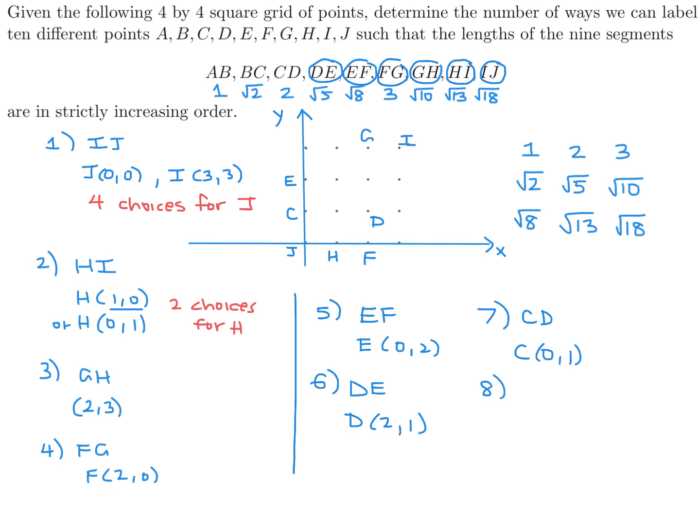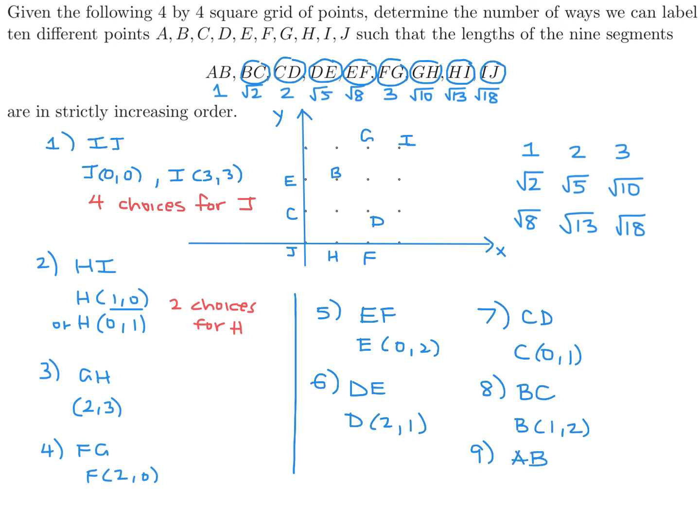And then the next one is BC. BC is root 2. So B would have to be at the location 1, 2. So B is up here. And then finally, the last one, AB. And AB is just 1.